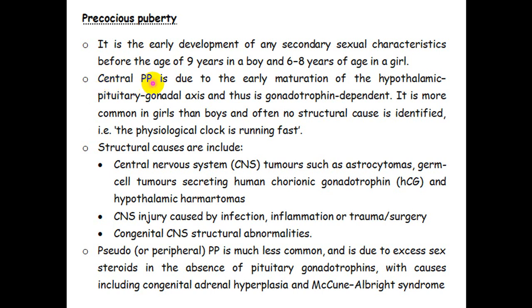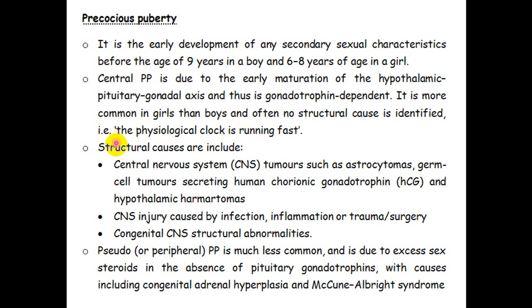Central precocious puberty is due to early maturation of the hypothalamic-pituitary-gonadal axis, and thus it is gonadotrophin dependent. It is usually more common in females, and no structural cause can be identified. So it is physiological. Only the clock is running fast, but there is no underlying pathology.